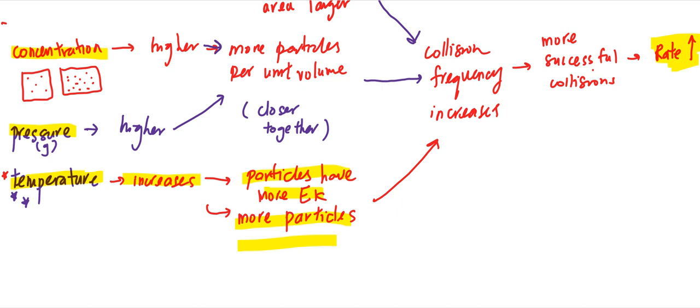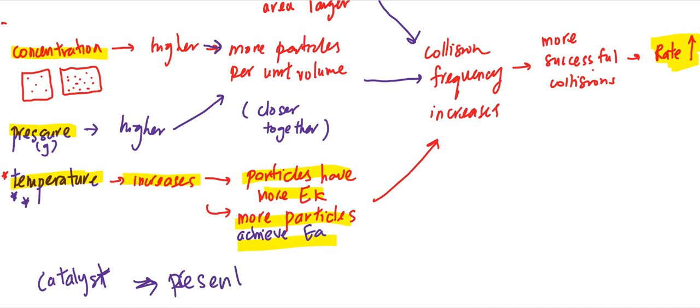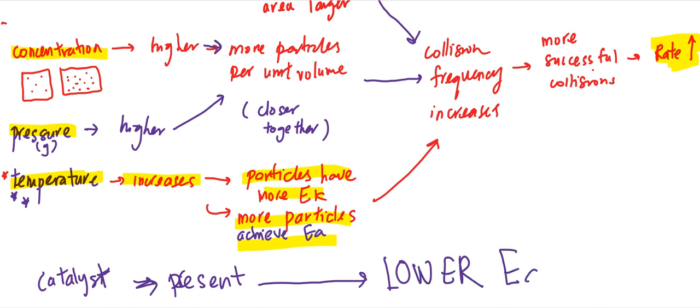More particles achieve EA. Okay, but a catalyst is different. It just has to be present and it will lower EA.